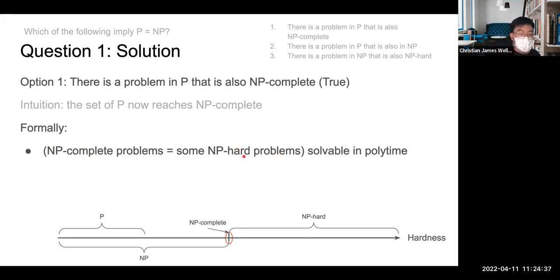It means that one of them is now solvable in polynomial time, because we assume a problem in P is also NP-complete. So a particular NP-complete problem, which is also NP-hard, is also solvable in polynomial time.